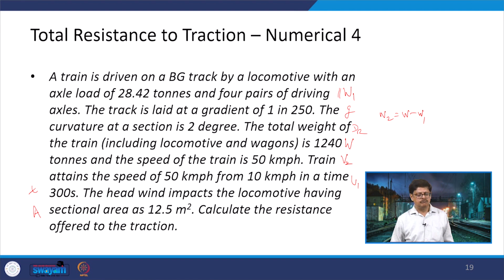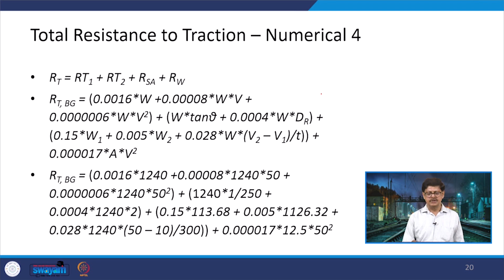So, what you can see, more or less all of the conditions have been given here, and therefore the formula which we are going to use is the complete formula to calculate the resistance to traction. When we put all these values here, we have W as 1240, then speed V and V square. This is the gradient which is being used here. Then W1 and W2 have the values 113.68 and 1126.32 on the basis of the total load.